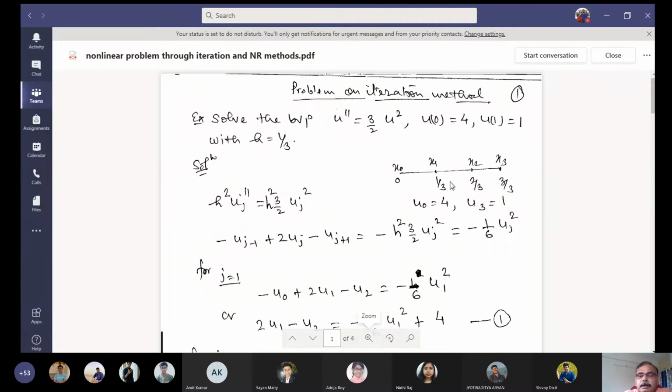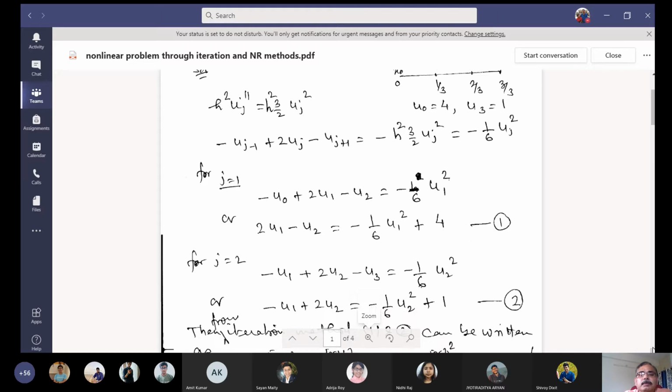Since h is 1 by 3, h square is 1 by 9, and with 3 into 2 that gives 1 by 6, so that's the reason it is minus 1 by 6 uj square. Now we'll write this for j equal to 1 and 2; for j equal to 3 it will be automatically there.